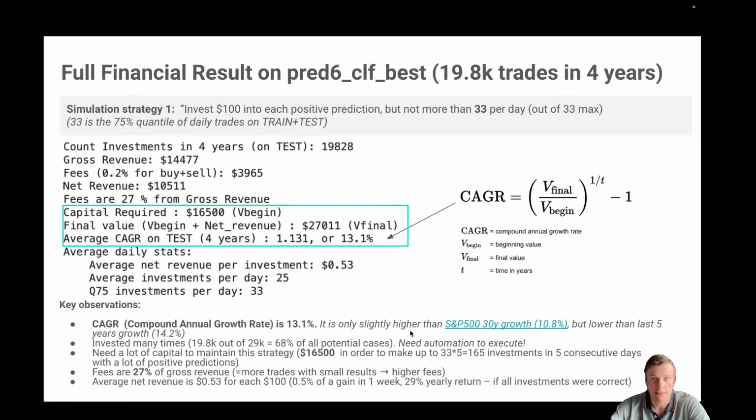And finally, you may want to compare it with some benchmark. For example, S&P 500 30 years growth was 10.8%. But we simulated our test trading over the last 4 years. So if you compare this with the S&P 500 growth over the last 5 years, which is very successful, bullish, yes, 3 or 4 out of 5 years, overall CAGR was 14.2%.